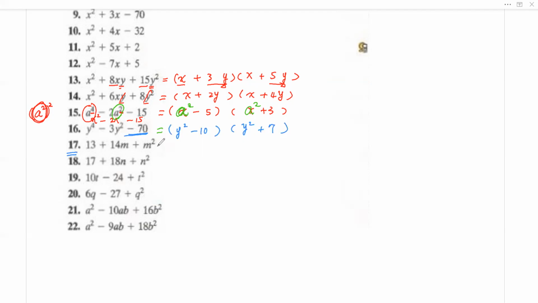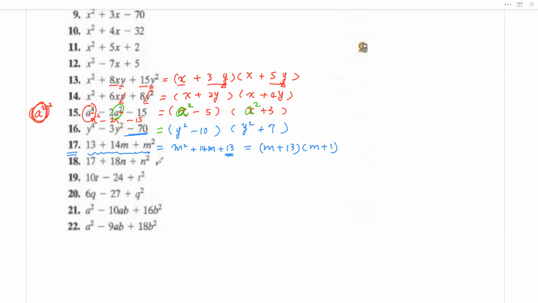Number 17. First, we need the sequence length first. Make sure you can see the right C. So this is not a C, all right? C is right here. After sequence, you can quickly see 13. So right now we can easily factor into positive 13, positive 1, right?